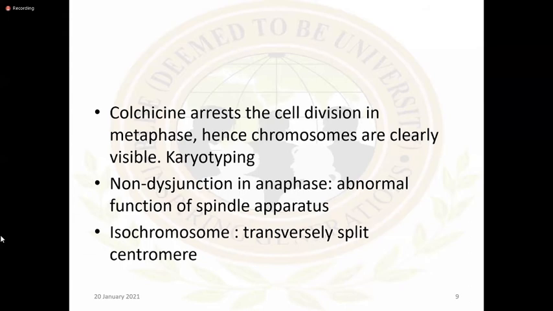Clear? It will be split horizontally. So what happens to daughter cells then? If any of the chromosome is split like that, one daughter cell will be receiving the short arm, one will be receiving the long arm. So that is called isochromosome. Clear? Isochromosome. So that also has got clinical relevance. So this is about the mitosis.